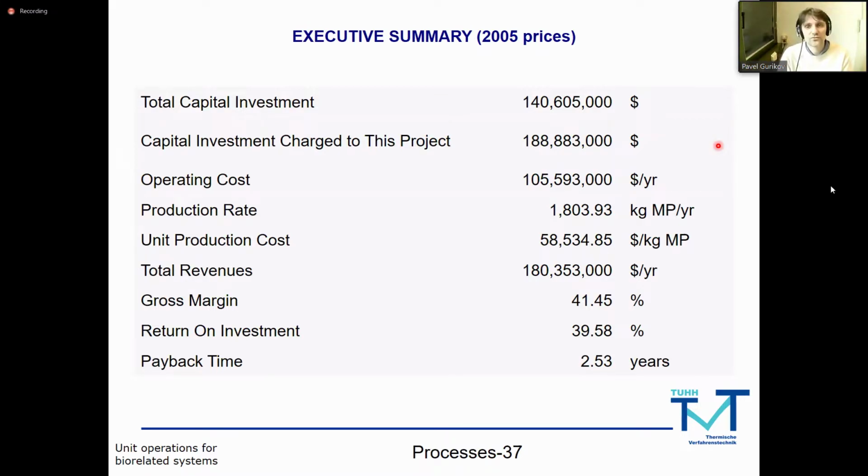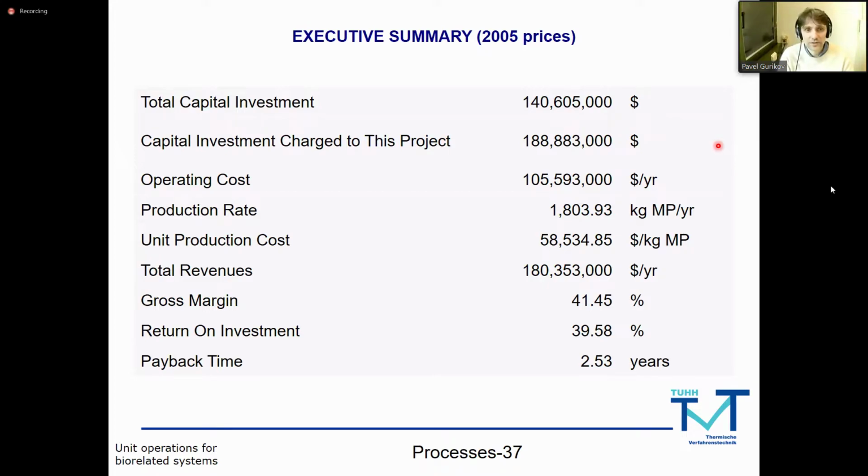You are standing in front of the plant, and it is ready to operate. What are the operating costs? How do we understand this number? 106 million euros per year. This is the amount that we need to run the plant. We need the raw materials, and we need to pay the workers, the labor cost.